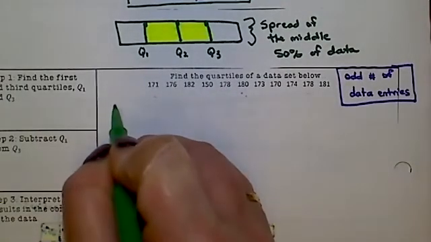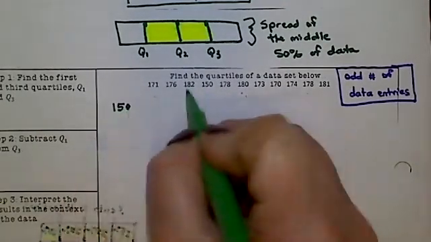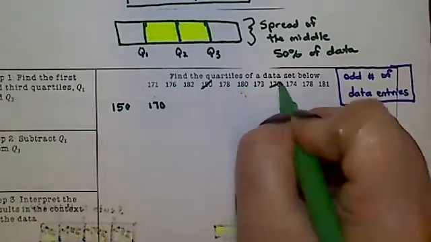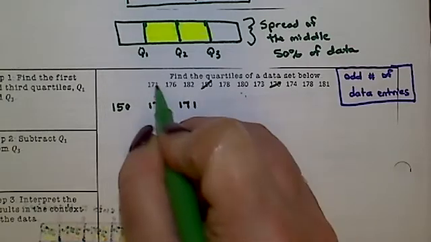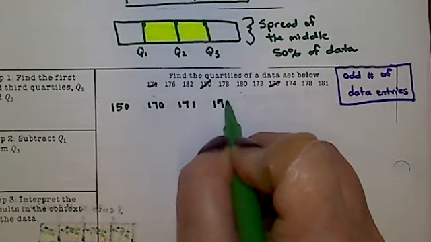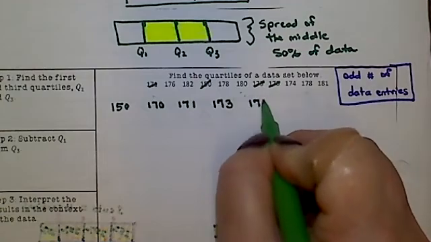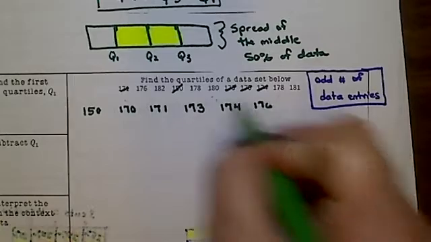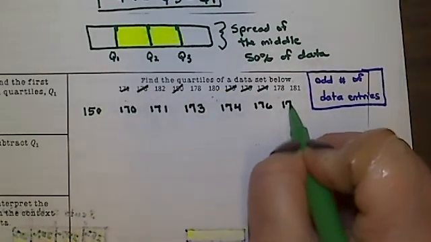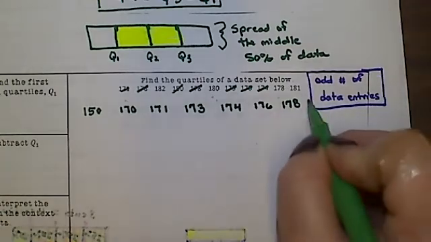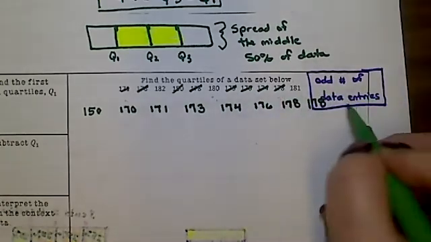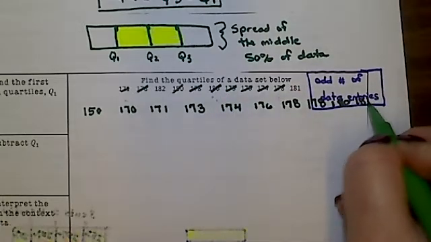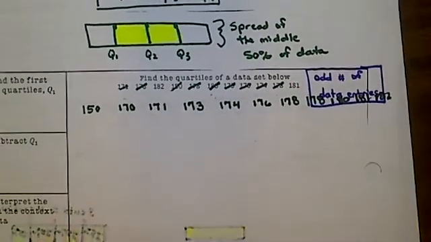So we're going to start with 150, 170, 171, 173, 174, 176, 178, 178 again, 180, 181, and I'm running into that other 182, okay?